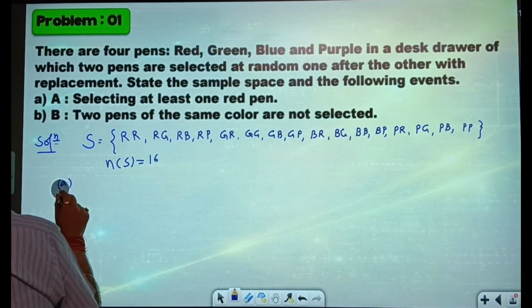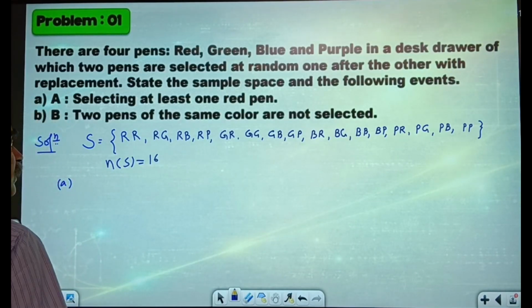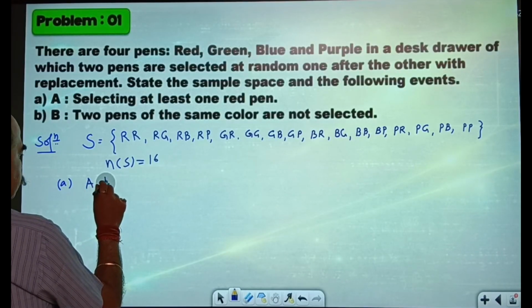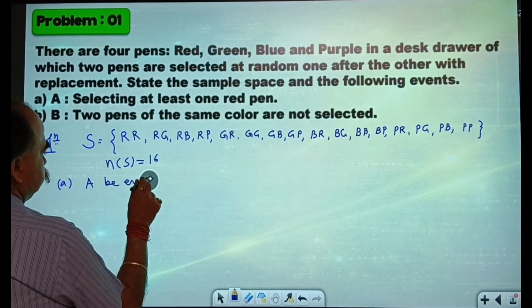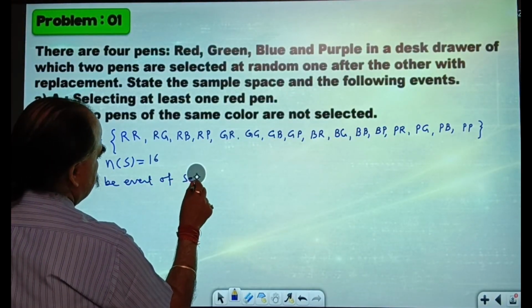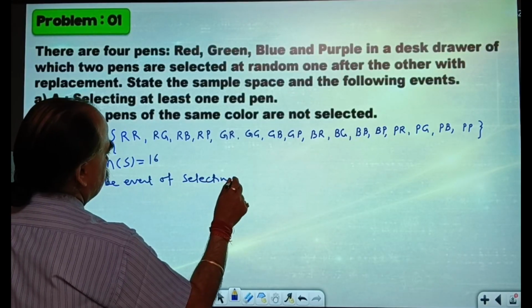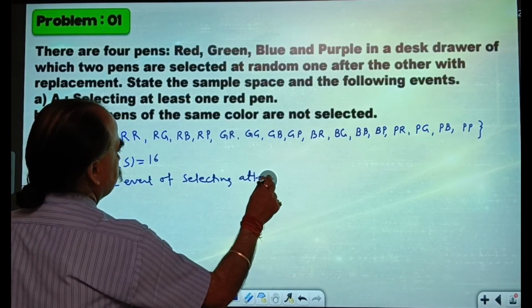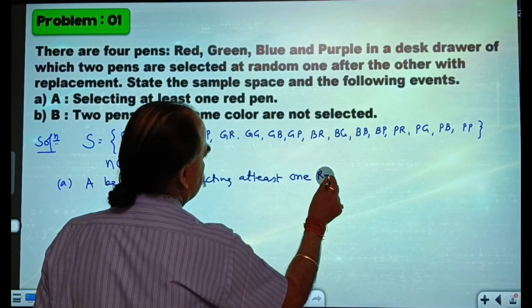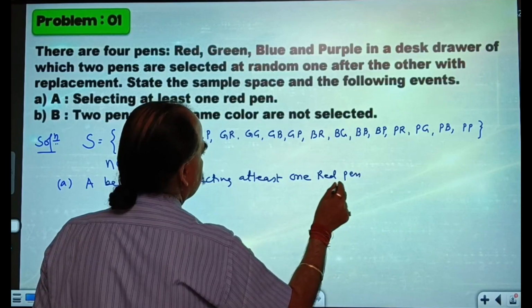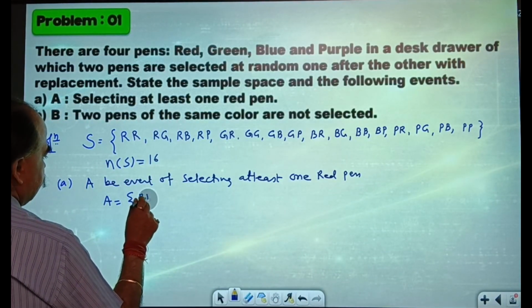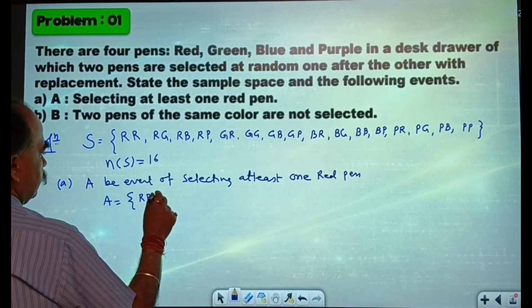A is what? Selecting at least one red pen. A will be what? RR. At least one means one or more than one.